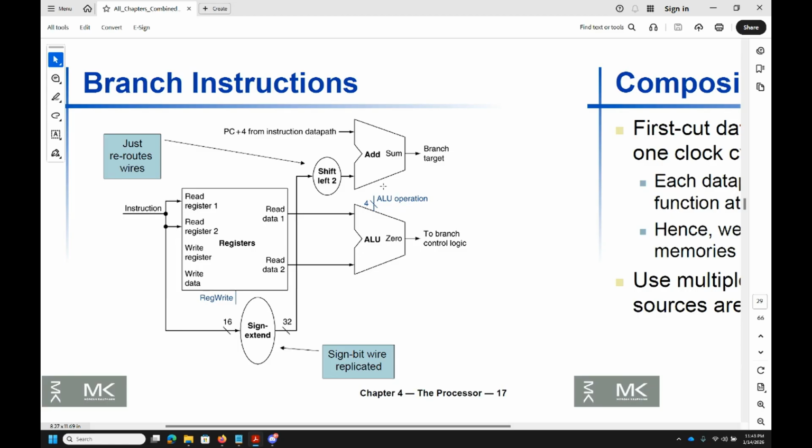So first you will have to load, and then you have to wait until that data is loaded and operations are performed, and then you'll have to store it, because you are fetching the data from the memory. You cannot fetch data from memory and write data to the same memory in the same clock cycle, right? You cannot do that, because the clock hasn't ticked.